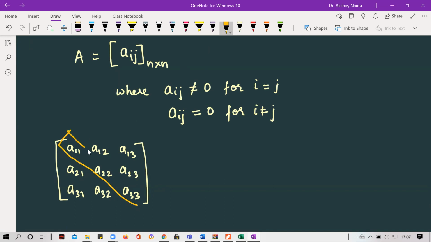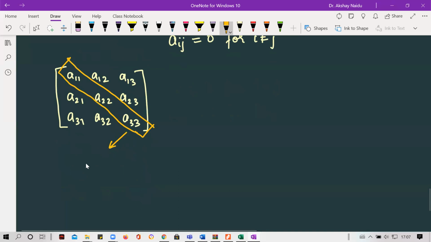There are 2 diagonals, but this one is called the principal diagonal, and this is of importance, not the other diagonal. Your principal diagonal terms will not be equal to 0, at least not all of them.